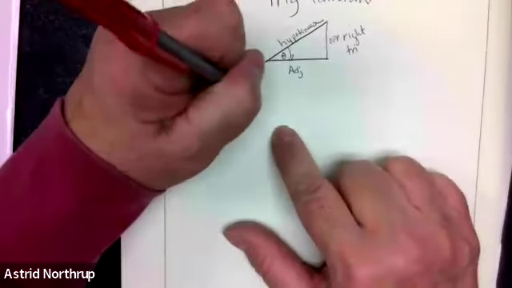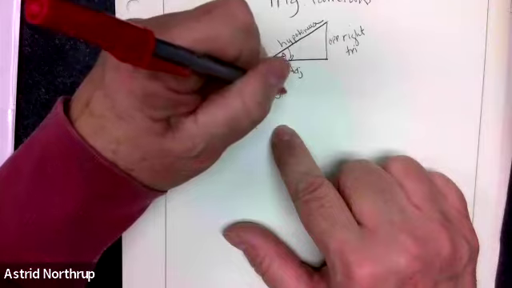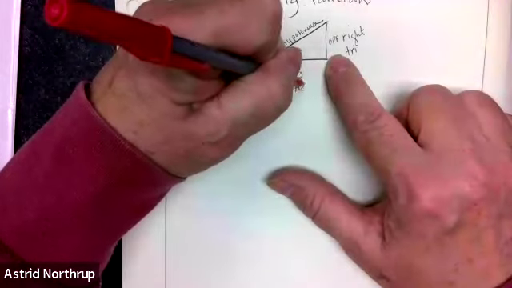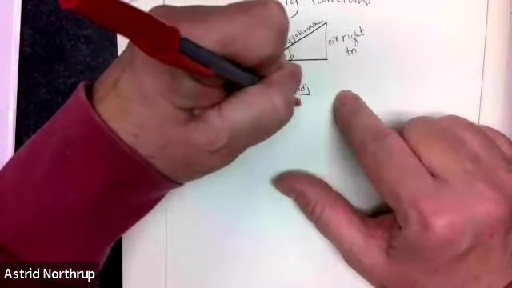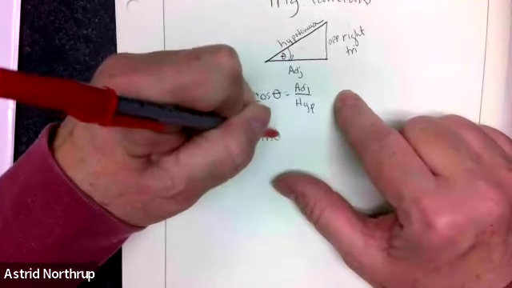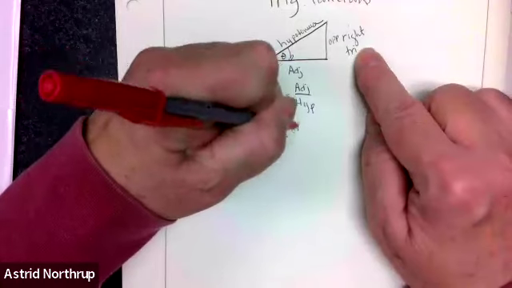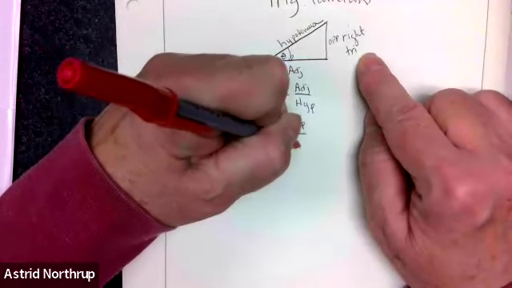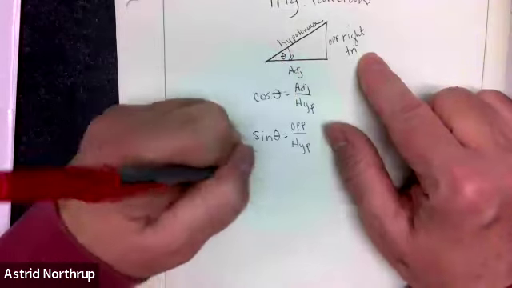The cosine of any angle is equal to the length of the adjacent leg divided by the hypotenuse. The sine of that angle is equal to the length of the opposite over the length of the hypotenuse.